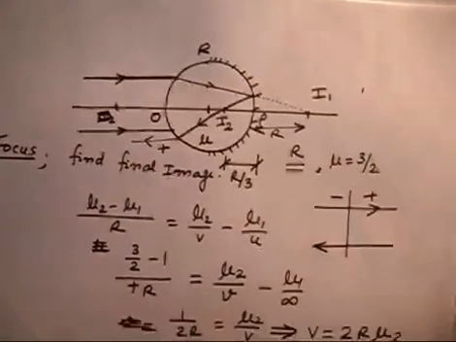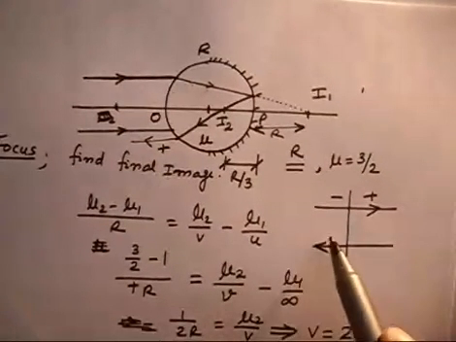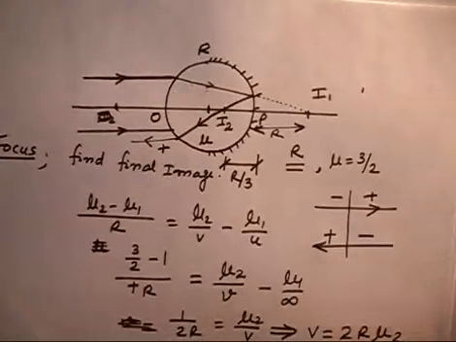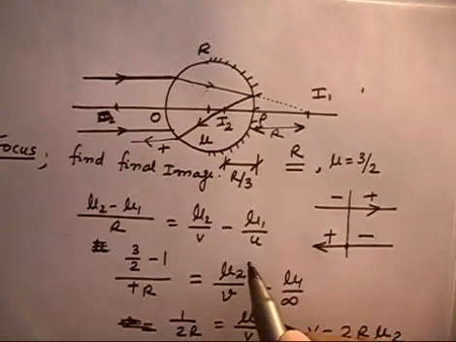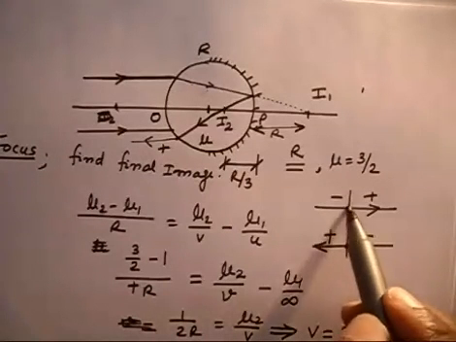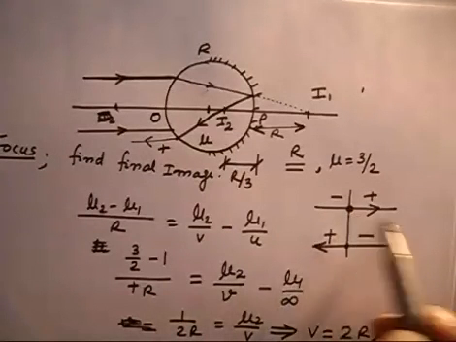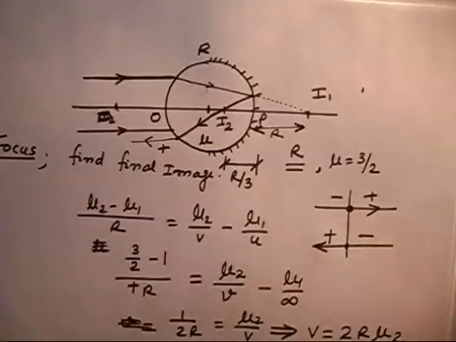So if I see the third part, the light ray is going this side, I have taken this side as positive, negative this side. So if I measure distances from this point, this side will be positive, this side will be negative. But in the first part, if I measure distance, this side will be positive, this side will be negative. So this is a very important point. In the same problem, you can change the sign convention. Sign convention depends upon the ray.